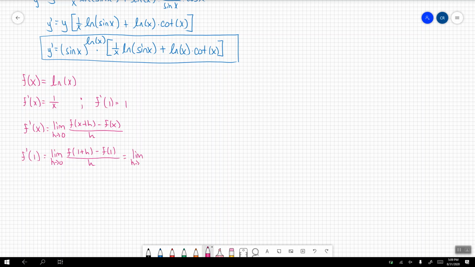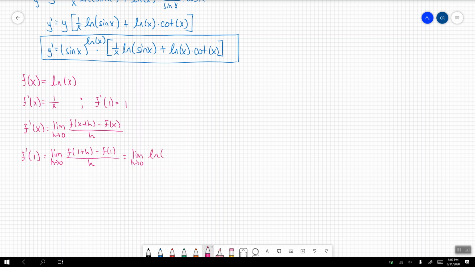In this case it's f of 1, but the function is natural log, so actually I want to rewrite the natural log back in.